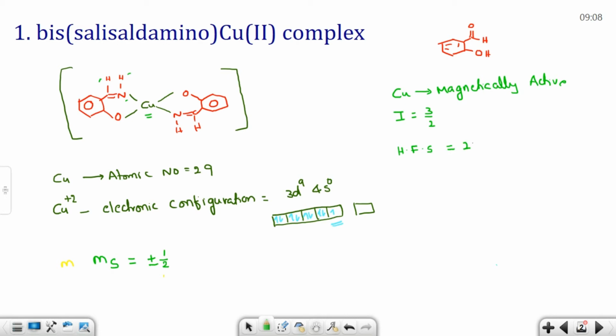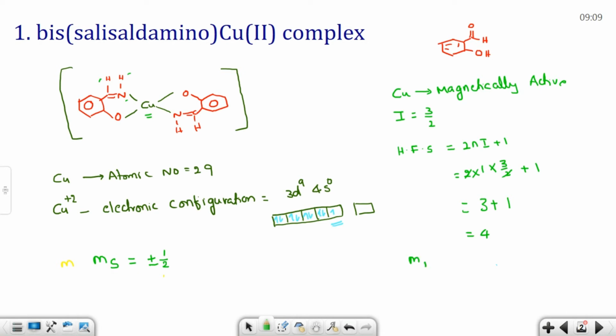There is a formula for splitting of signals. According to hyperfine splitting, the formula is 2NI plus 1. Here N is the number of coppers, which is obviously 1, and I is 3 by 2. So 2 times 3 by 2 plus 1, the 2 gets cancelled, giving 3 plus 1, which is equal to 4.